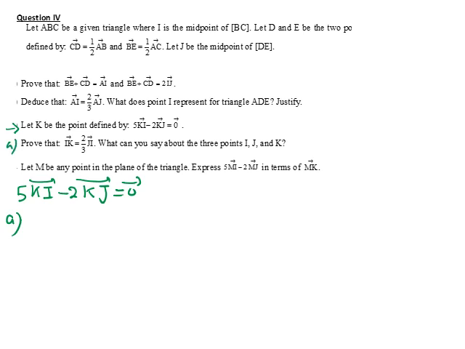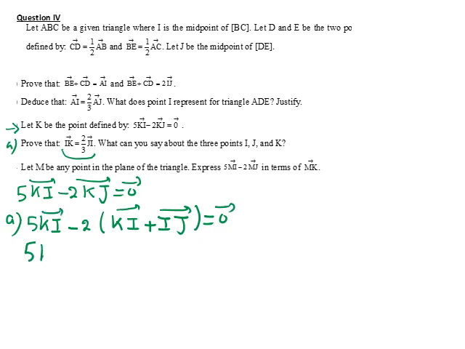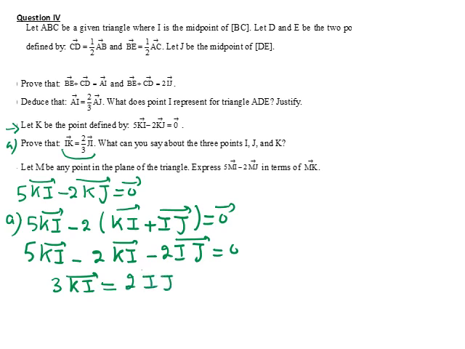Part A. Prove that IK equals 2 over 3 JI. 5KI minus 2, KI plus IJ, equals 0. 5KI minus 2KI minus 2IJ equals 0. 5KI minus 2KI, 3KI, equals 2IJ.